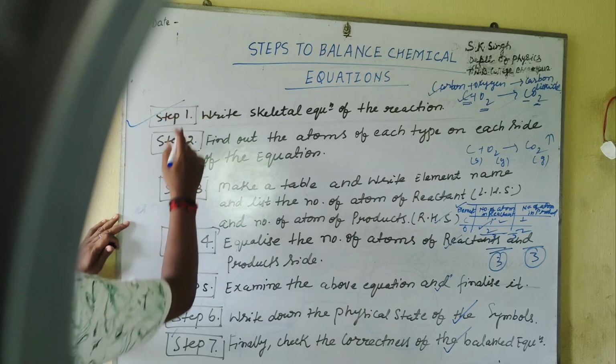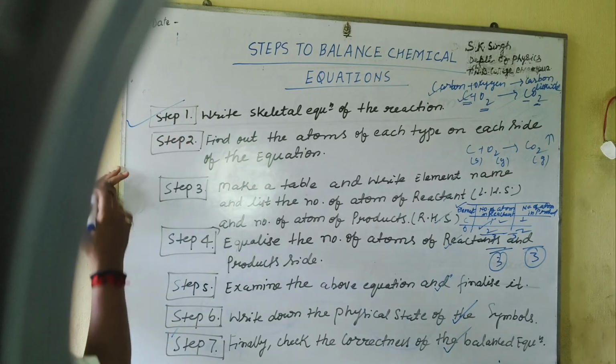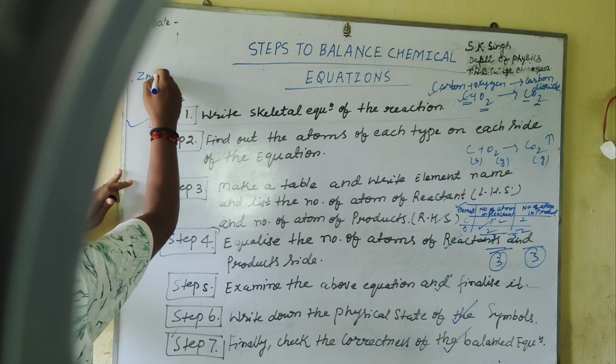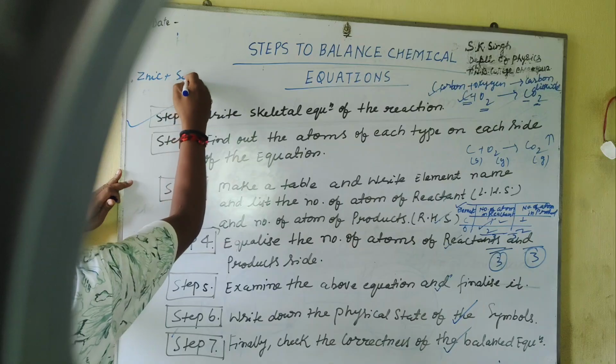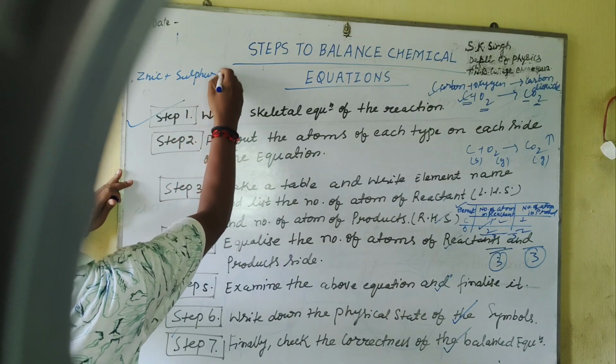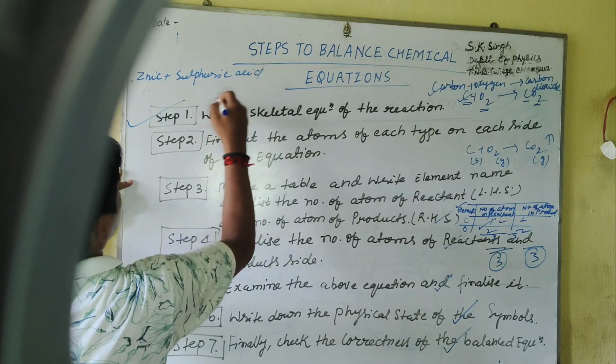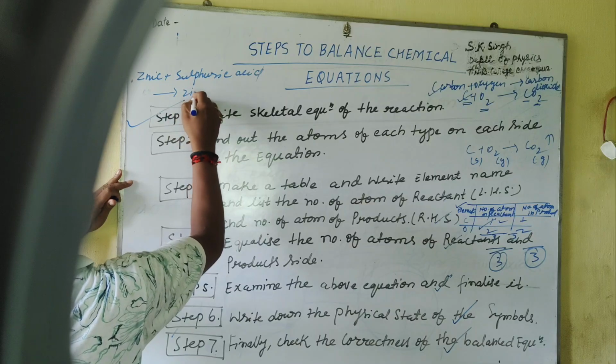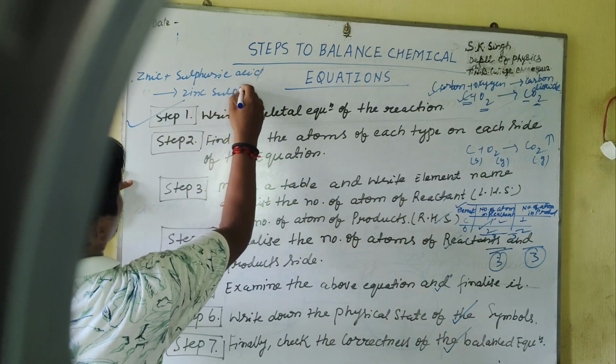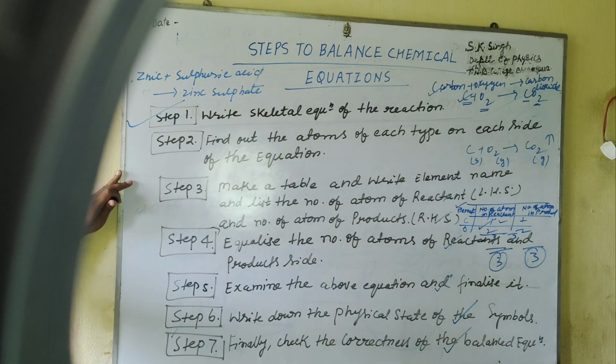First of all, you have to write down the name equation. Suppose zinc plus sulfuric acid gives zinc sulfate. Another example. This is the first step.